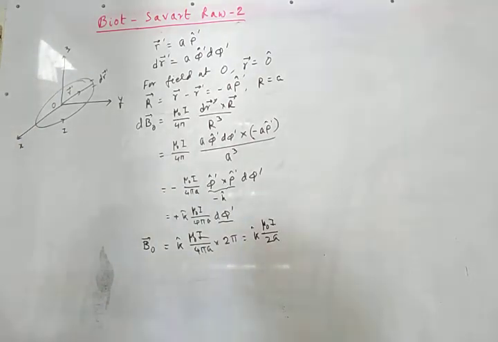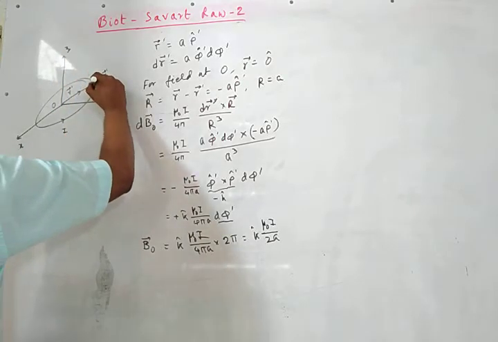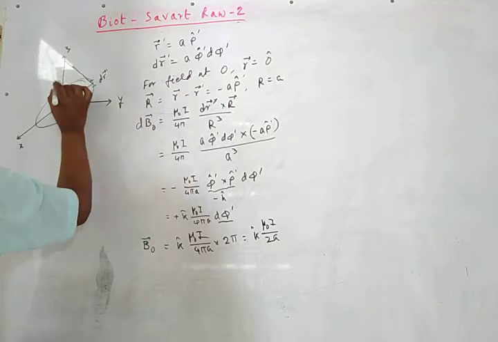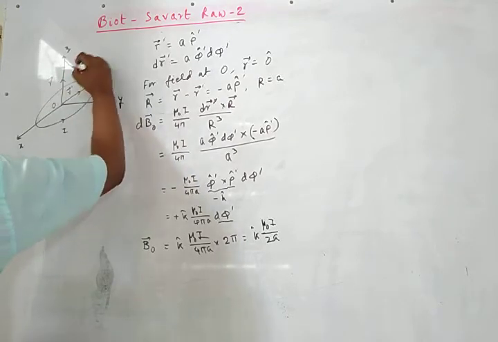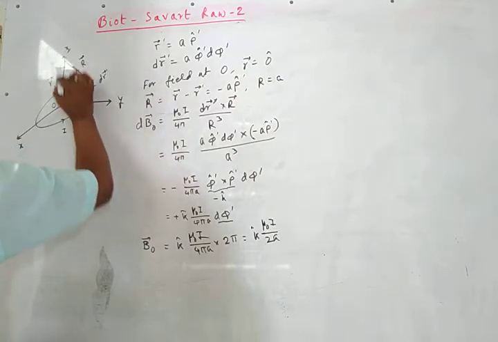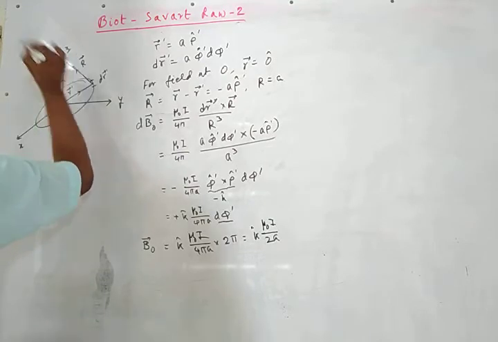Now if we consider the field at an axial point P, this is the field coordinate r and this is the relative coordinate of the field point, and the field point has obviously coordinates 0, 0, z.